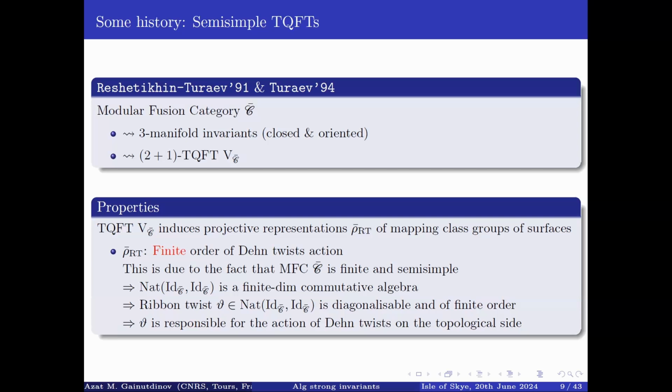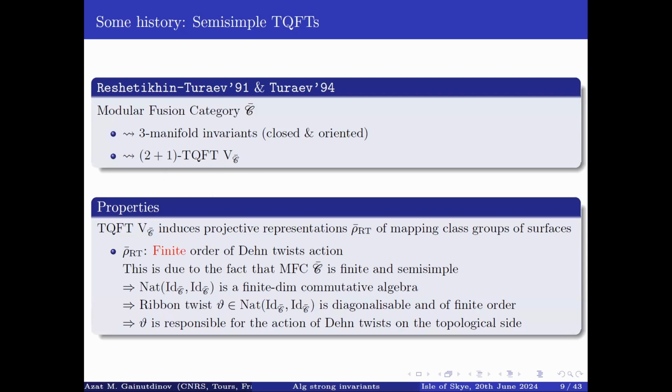If you give me a modular fusion category, semi-simple, for example, coming from semi-simplification of something like quantum groups, then the Turaev construction gives you 3-manifold invariants, closed and oriented, but more generally it gives you a 2+1 TQFT. Reshetikhin and Turaev first provided a construction of 3-manifold invariants, and then Turaev in his book, for every modular fusion category, explains how to construct a 2+1 TQFT, where objects are surfaces in the cobordism category and morphisms are cobordisms.